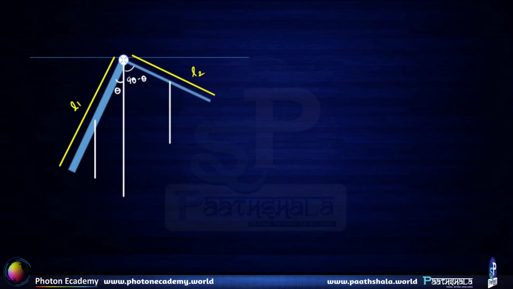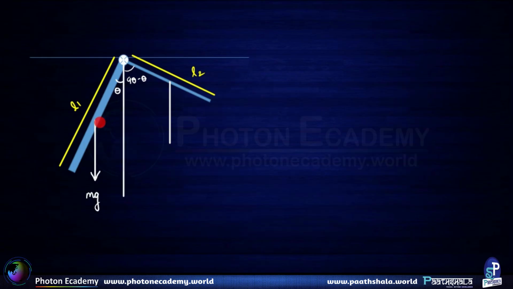Since they will land up in rotational equilibrium, this is the force mg. This much length is going to be L1 by 2, and this perpendicular distance is going to be L1 by 2 sine theta.